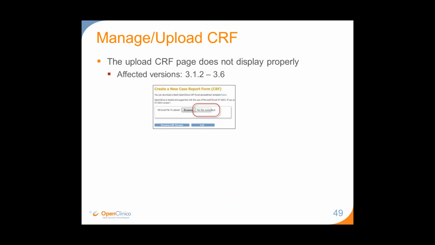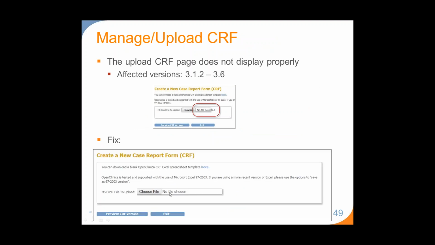The upload case report form page wasn't displaying properly. The text went outside of the box where it was displayed. This was in versions 3.1.2 through 3.6, and now it looks a lot better. We also changed the wording a bit. Instead of no file selected, it says no file chosen. But it was just a display fix.